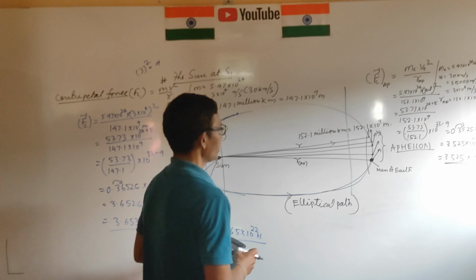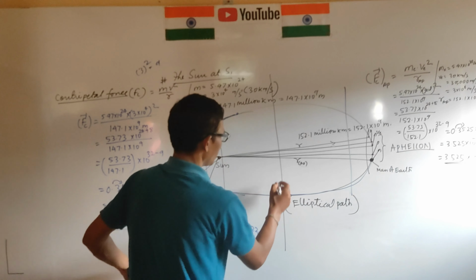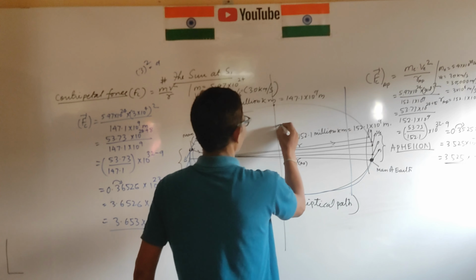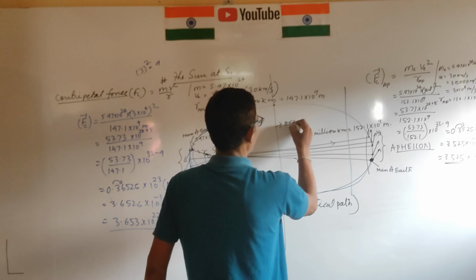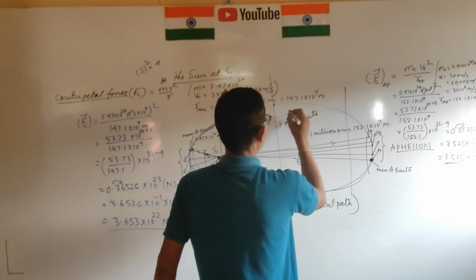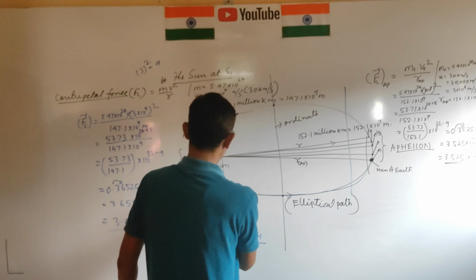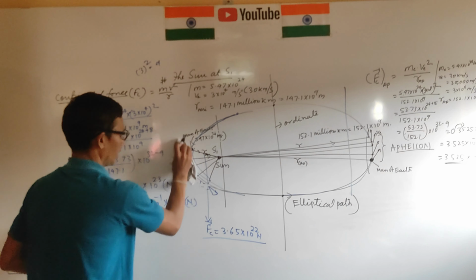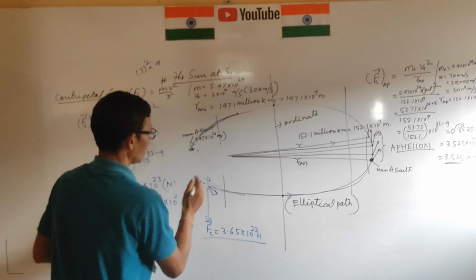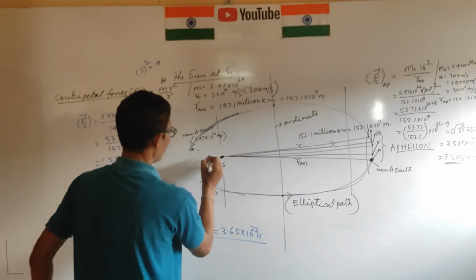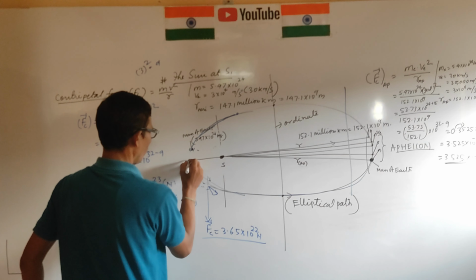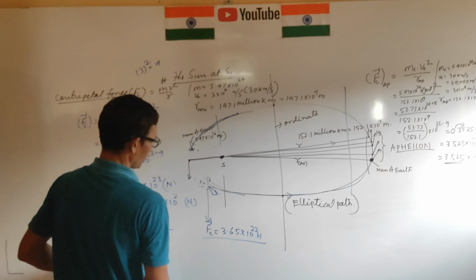And on average, you can say, how much is the average force? This is the average. This is the ordinate regions. Suppose that this is the point, and suppose here the sun is acting, and this is the force acting on this point.